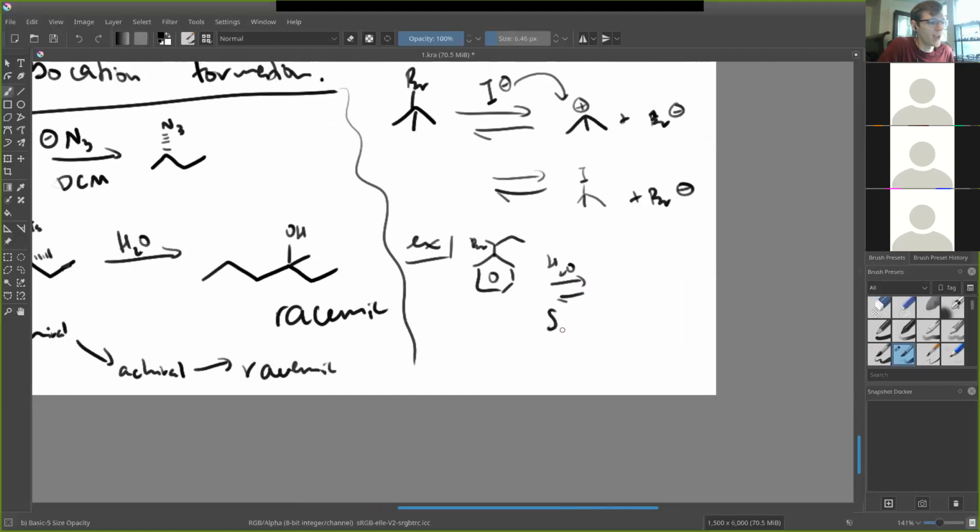this is going to go by SN1. It's going to become this. Now I skipped a few steps. The bromine has to come off, the H2O has to come on, and you have to pluck off a hydrogen. But this will happen by SN1, because doing SN2 on a secondary carbon is already pretty iffy.